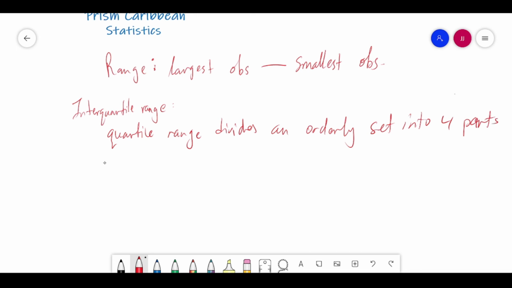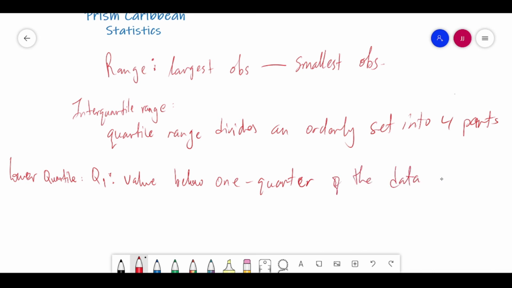So Q1, which is the lower quartile, is the value below which 1/4 of the data lies, right?